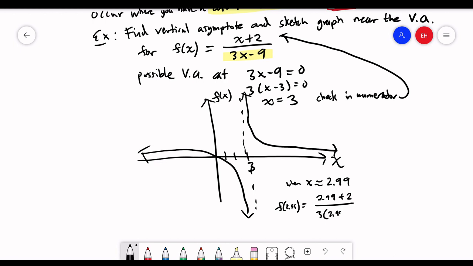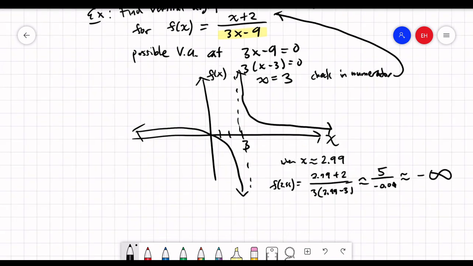So if we put in 2.99, we get roughly 5 on top, and on the bottom, 2.99 minus 3 is going to be a really small negative number. And if you divide by a small negative number, try it. Put it in your calculator. Just do 5 divided by negative 0.00000001. What you're going to find is that it's going to be negative infinity.